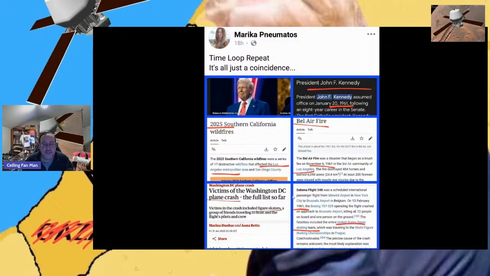I discussed this last week: in 1961, when they also had the Bel Air fire, a plane crash killed the skating team for the U.S. And now in 2025, they had the LA fires and a plane crash kills the skating team. It's just on repeat. As the Bible says, there's nothing new under the sun. Of course, that's been changed to there's no new thing, but it's the same idea. So thank you, Marika, for that one.